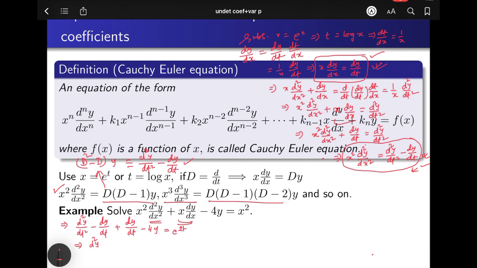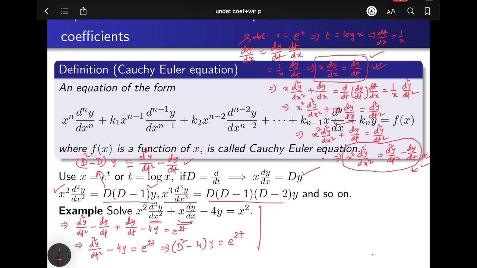So here d2y dt2 minus 4y is e power 2t. So from the initial part you can either apply these operator forms, or you can just write down this substituted form, so that ultimately you have D square minus 4 applied to y is equal to e power 2t. Okay, this is the form you are getting.